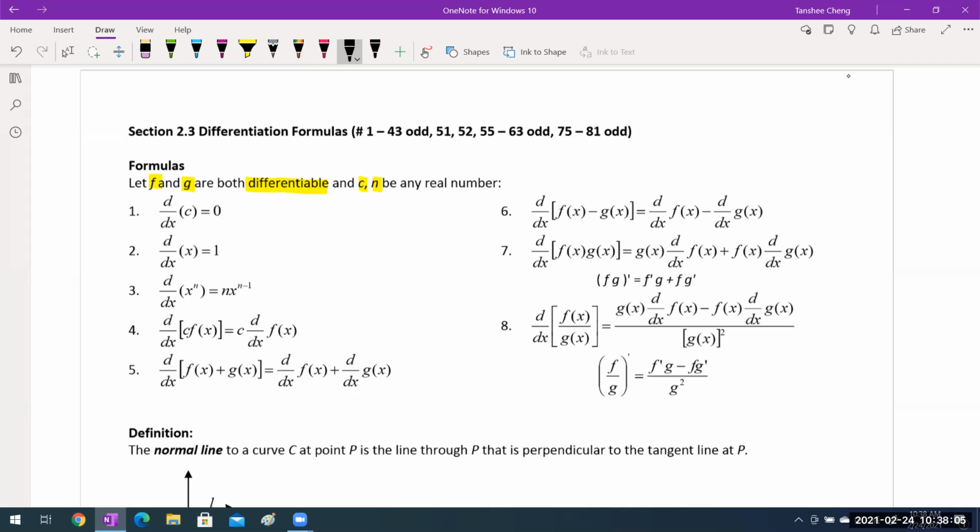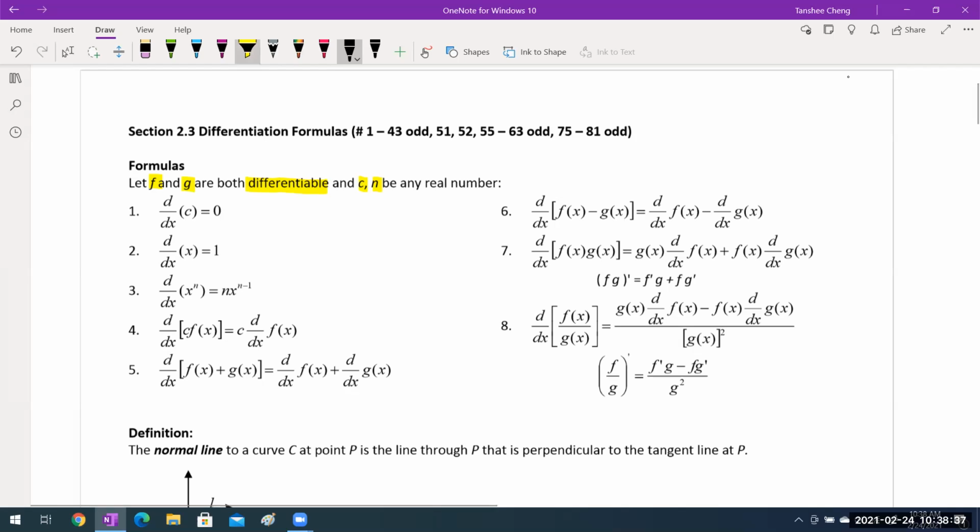And the derivative with respect to x of f of x plus g of x, or f of x minus g of x: we can take the derivative of each term. That means the derivative of f plus the derivative of g, or the derivative of f minus the derivative of g, both with respect to x.